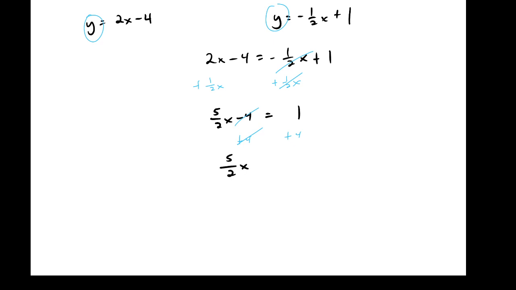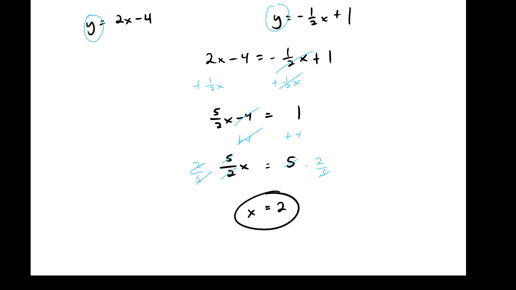If you're wondering where I got 5/2, 2 plus 1/2 is 2.5, and then the improper fraction is 5/2. And you'll thank me in a moment for writing it as an improper fraction, because now I'm going to get rid of it in one step. I'm just going to multiply by the reciprocal, 2/5, and those factor out on the right. In fact, on the left and on the right, even the 5s are going to factor out, leaving me with x being equal to 2.